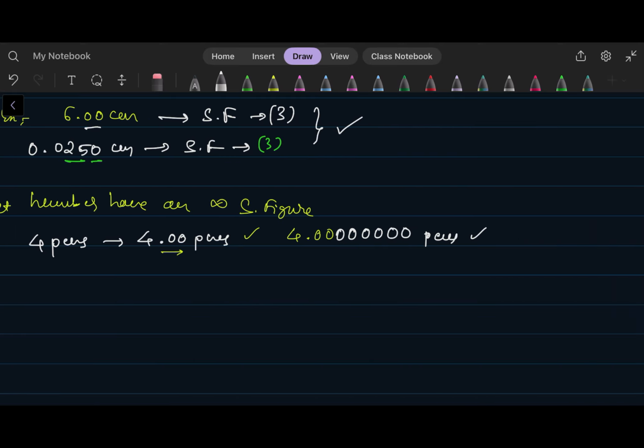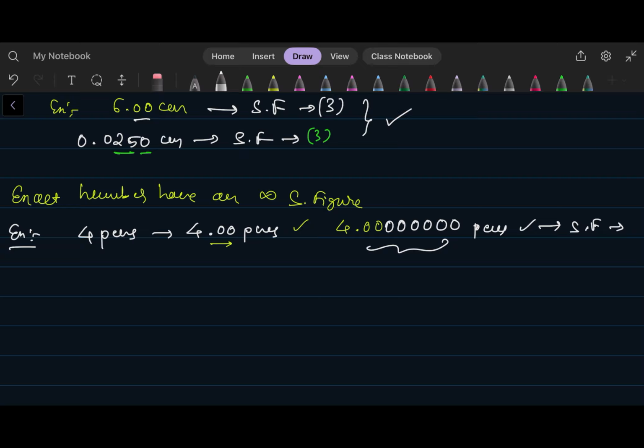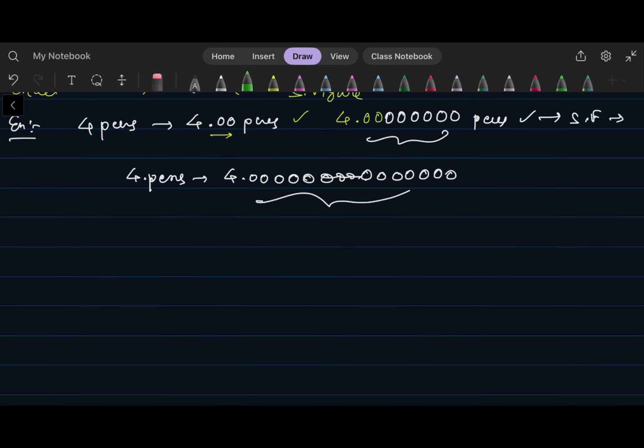Here again the significant figures change with the number of zeros. Therefore, if it is a fixed value like 4 pens, you can write after the decimal as many zeros as you want, and the meaning is still 4 pens. But after the decimal, on the right side, I have to consider all those zeros as significant figures.